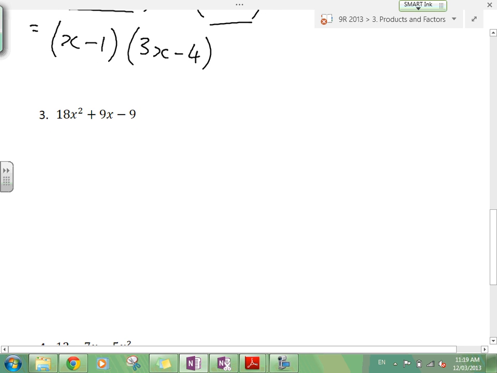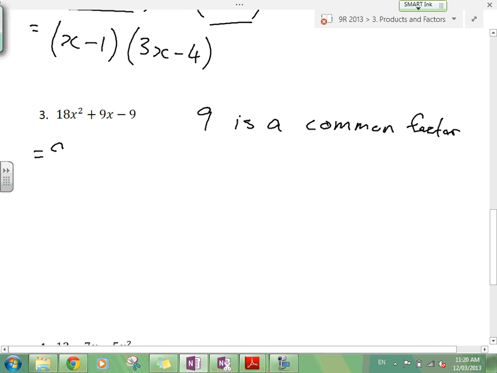Alright, so go back up here. 18x squared plus 9x minus 9. What's the first thing that you notice about this one? Adam? Okay, always look for common factors that you can pull out of all the terms, because then it makes your life much more simple. 9 is a common factor. So we need to pull that out.